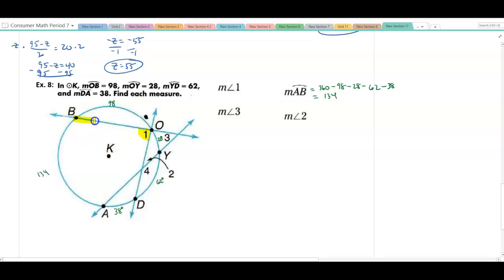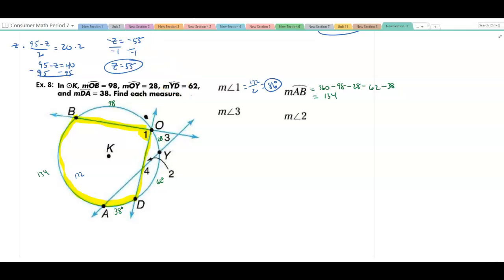So when I highlight the lines that make it up, so that line and that line make up angle 1, and if you notice, it eats this arc. Well, what is the measure of that yellow arc? Well, I have to add 134 and 38. That gives me 172.